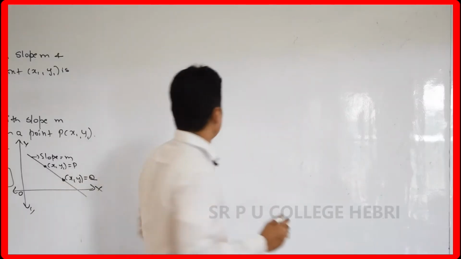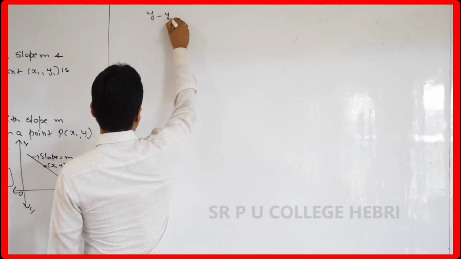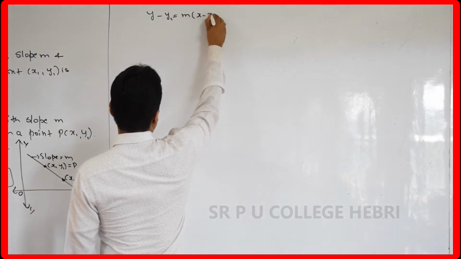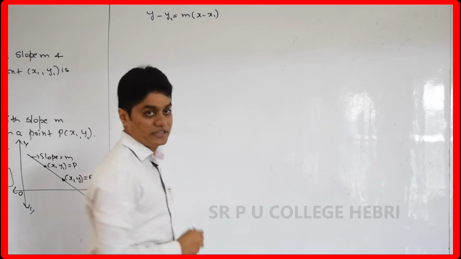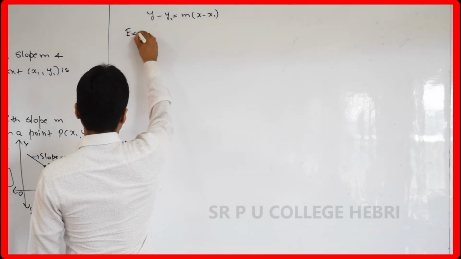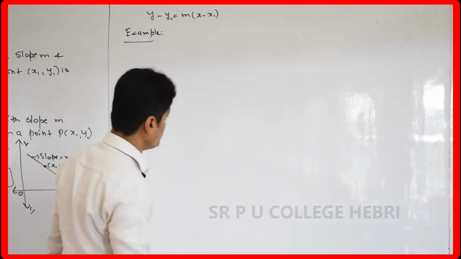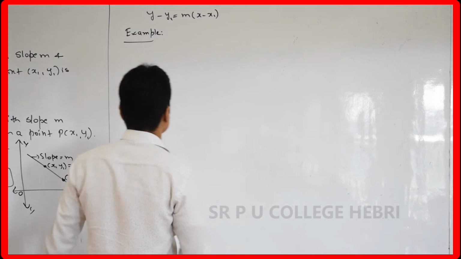Okay, so we understood how to get the equation of a straight line with the slope and the point, and the formula we just now got as y minus y1 equal to m into x minus x1. So let me explain the same thing with an example. You must be able to use it. If you don't know how to use the result, the proof is of no use in problems. So you should know how to use it.